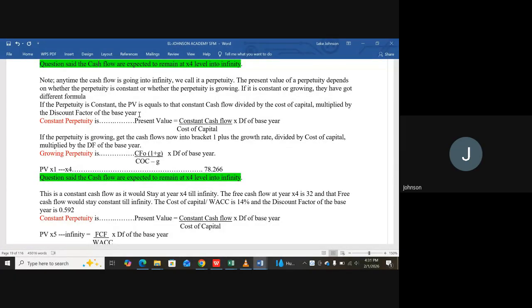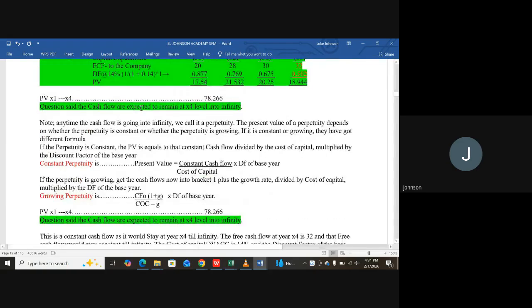So when a perpetuity is constant, you take that constant cash flow that they're talking about, and you divide it by the cost of capital that they give you in the question. Whatever answer you now get, you multiply it by the discount factor of the base year.